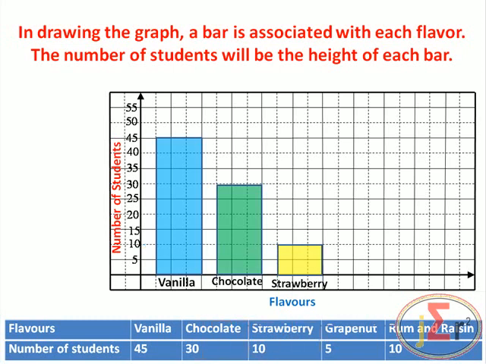For grape nut, we have 5 students. The height of the bar will be 5. So we put grape nut and we put the height of the bar right there. Roman raisin.